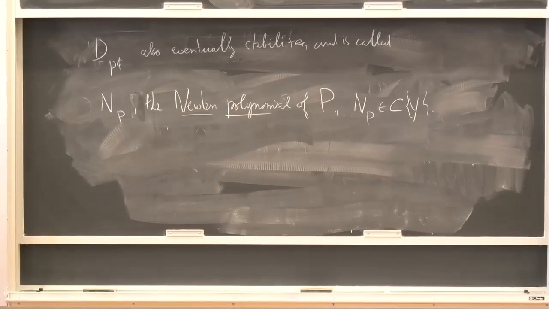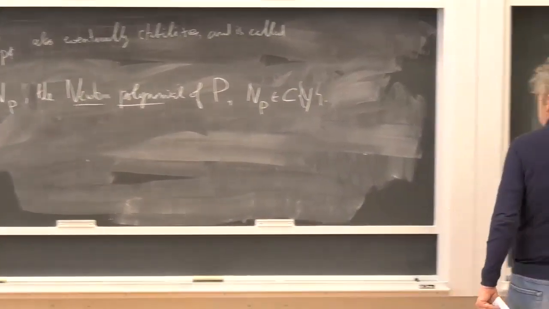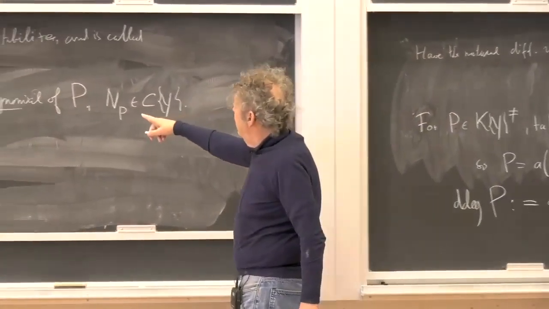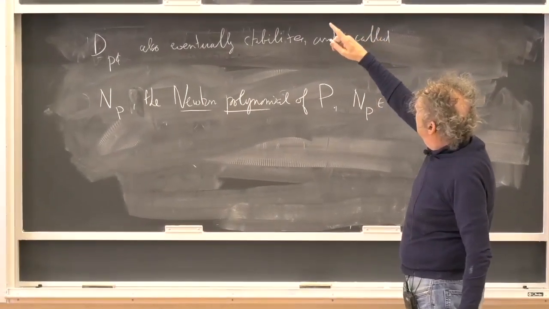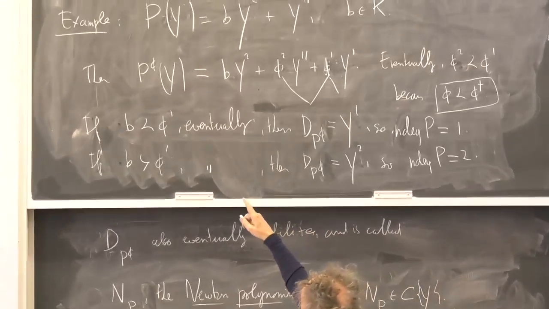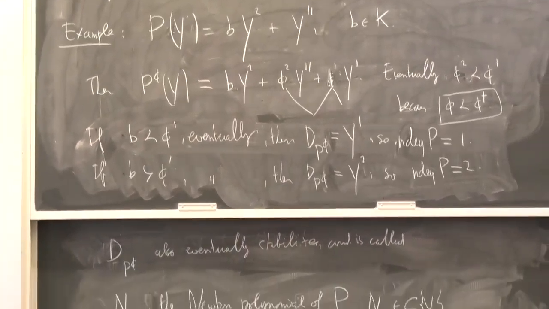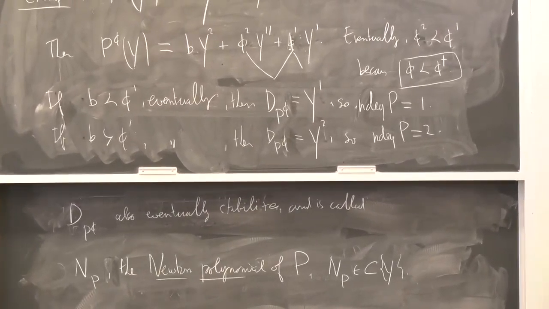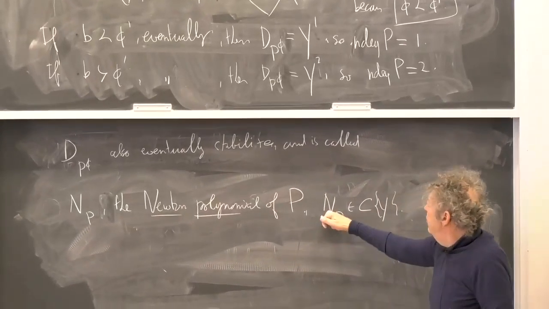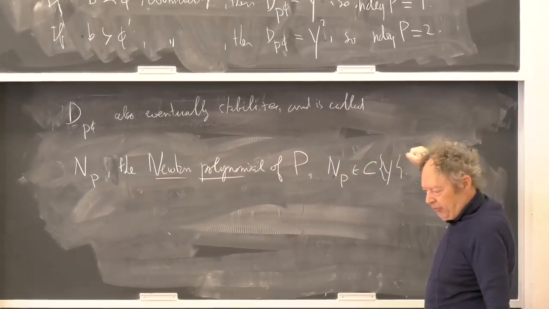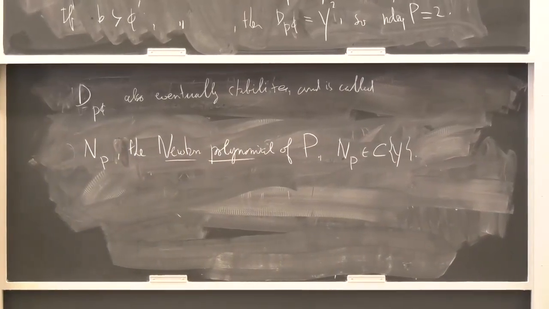And this Newton polynomial, you can imagine that it is a very useful thing, because your differential polynomial capital P that you're interested in, once you compositionally conjugate it enough, will basically be just a non-zero element of K times this Newton polynomial plus small terms, infinitesimal compared to N_P.